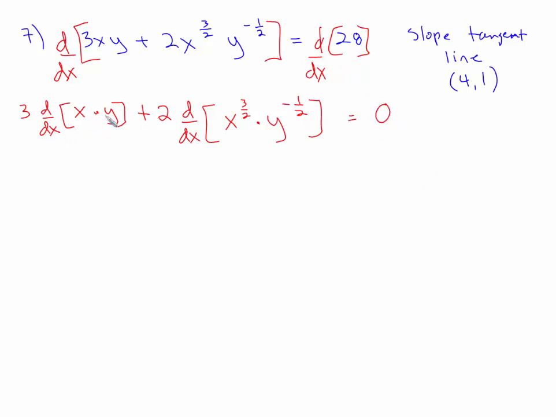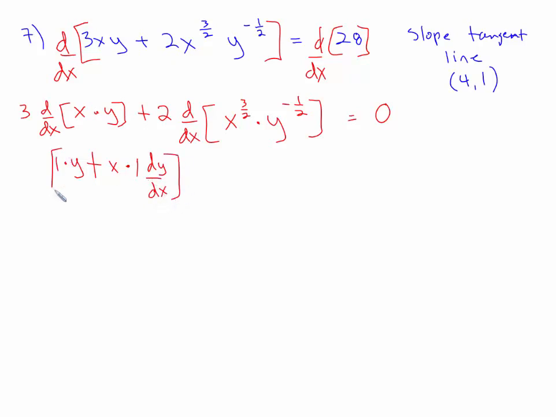Okay. So now let's set up our product rule. Product rule says this is our first function, second function. So right here we get the derivative of x, which is going to be 1, times our second function, which is y, plus our first function x times the derivative of our second function. The derivative of y is 1, but since we take the derivative of y, we need the dy dx.